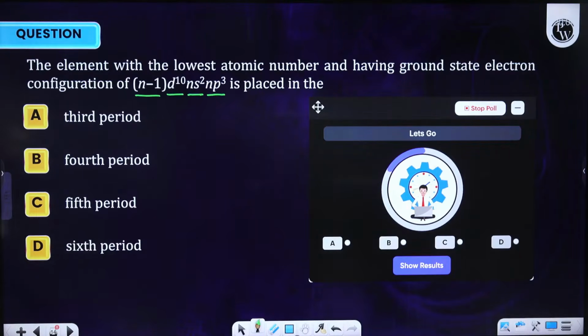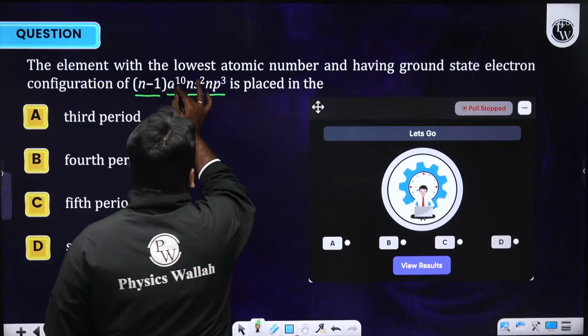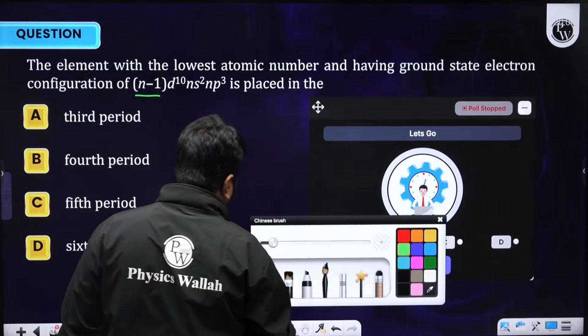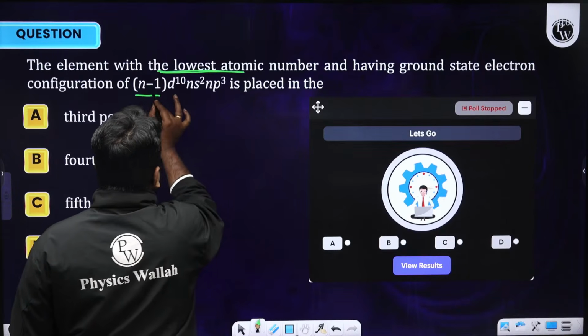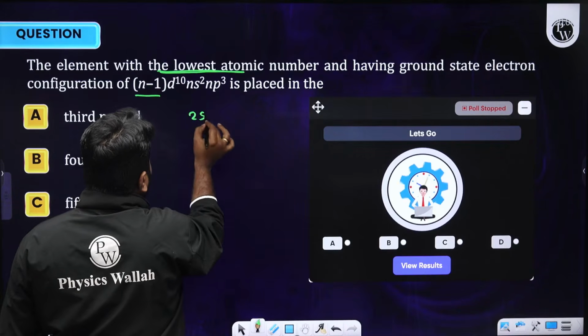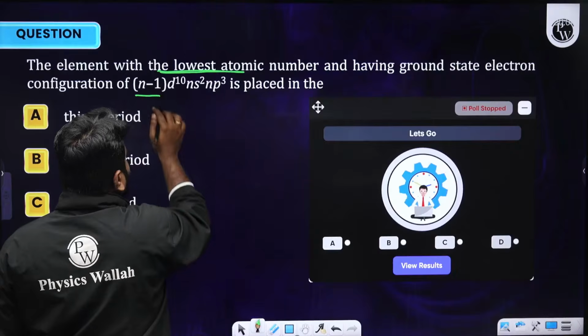Yes, element with the lowest atomic number and having ground state electronic configuration. Very simple. The element with lowest atomic number means, what is the possibility we are having? The n value can be 4, and d electron is there.